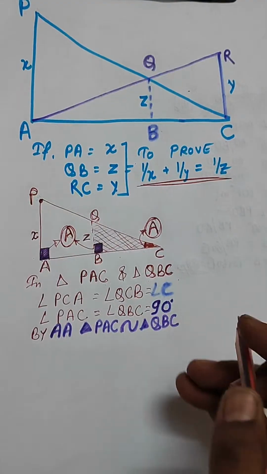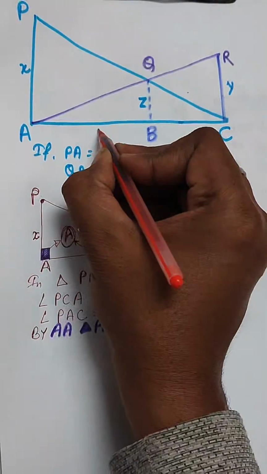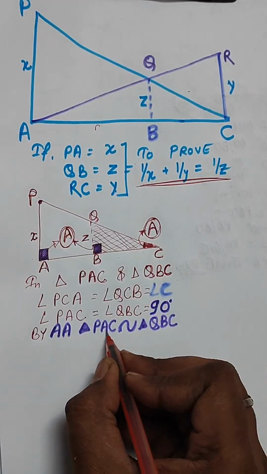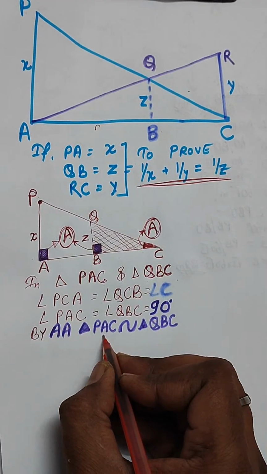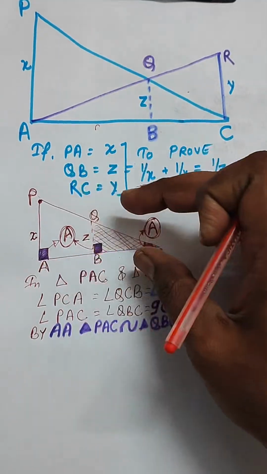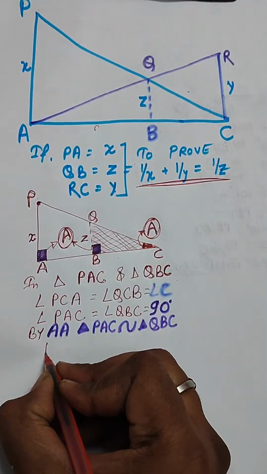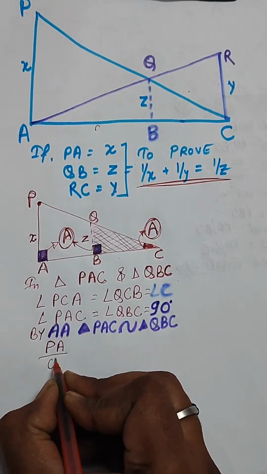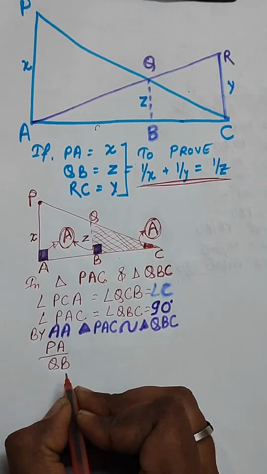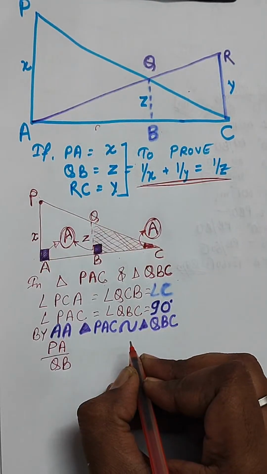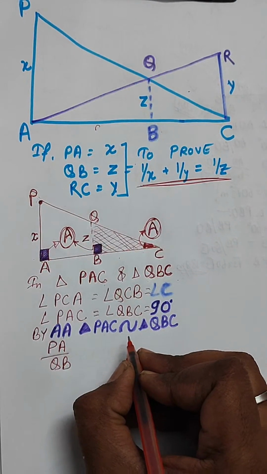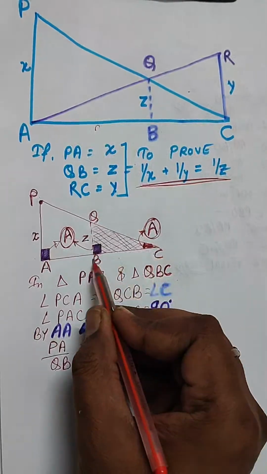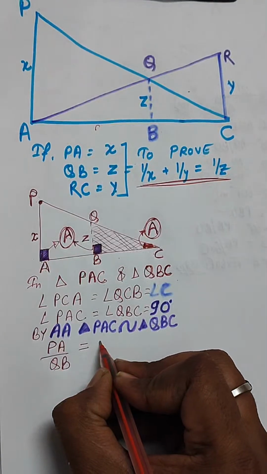If these two triangles are similar, we can write the ratio of these two sides, PA by QB, will be equal to AC by BC, isn't it?